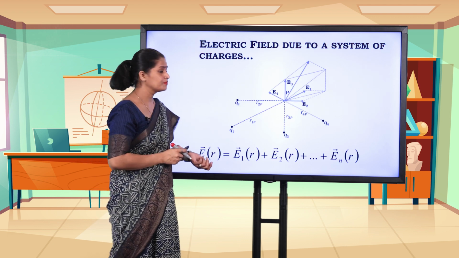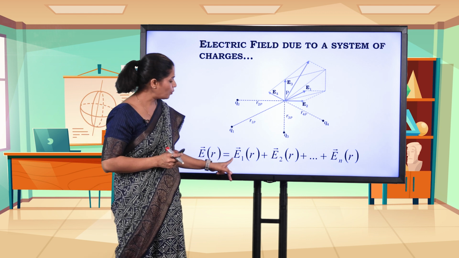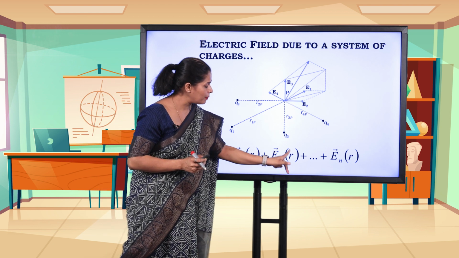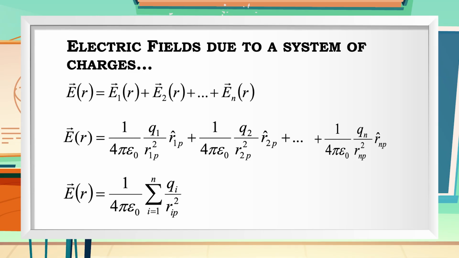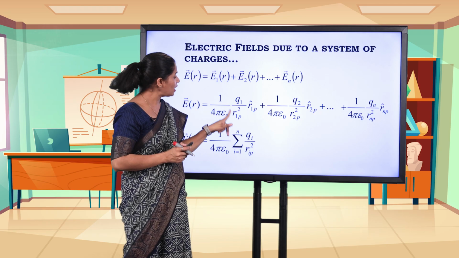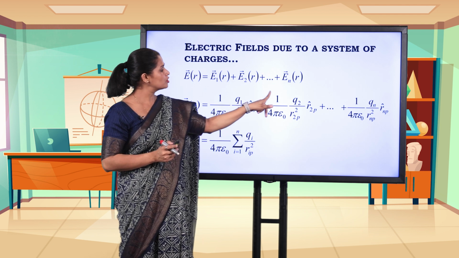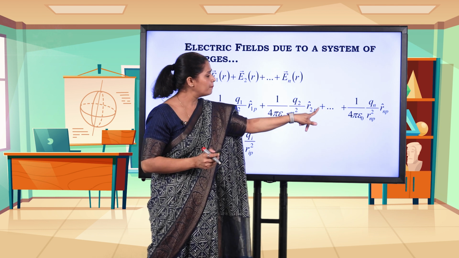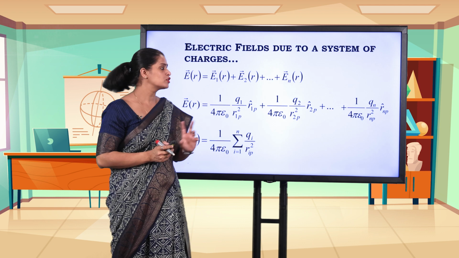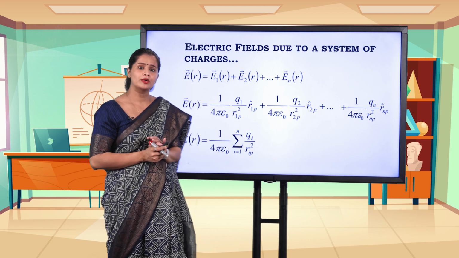The electric field at R due to the system of charges will be E1 vector plus E2 vector plus E3 and so on up to En vector, which is equal to 1/(4 pi epsilon naught) Q1 upon R1p squared multiplied by the unit vector R1p, plus 1/(4 pi epsilon naught) Q2 upon R2p squared and unit vector R2p, plus and so on up to 1/(4 pi epsilon naught) Qn divided by Rnp squared multiplied by the unit vector Rnp.